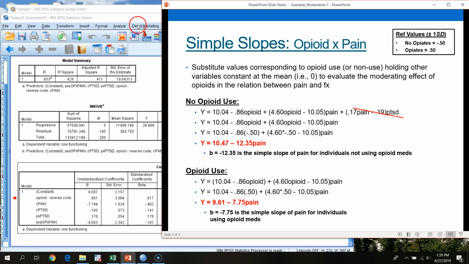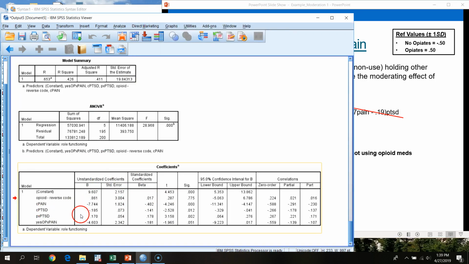But now what I can determine within my analyses here is that yes, the simple slope or the conditional effect of pain on role functioning continues to be statistically significant for people who are using opiates.